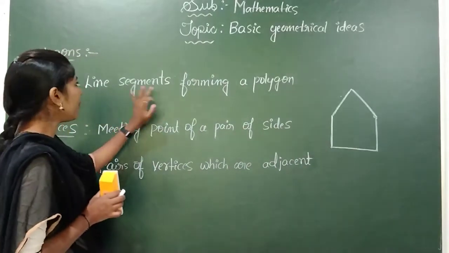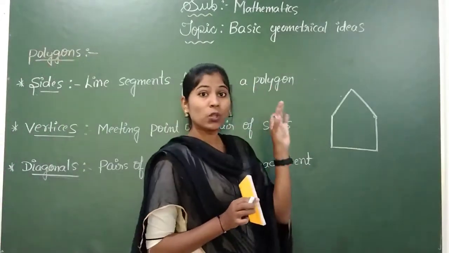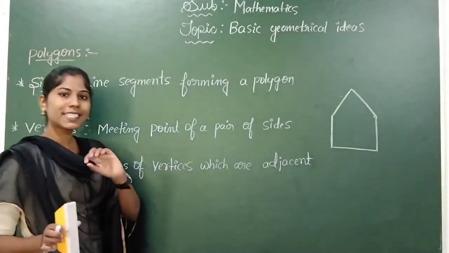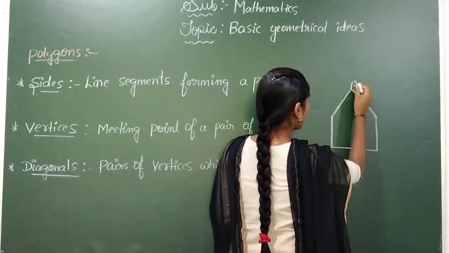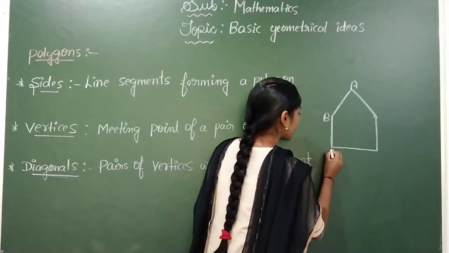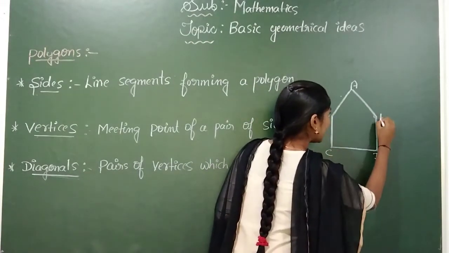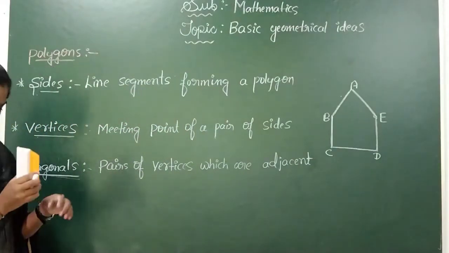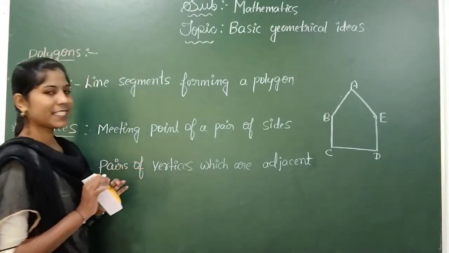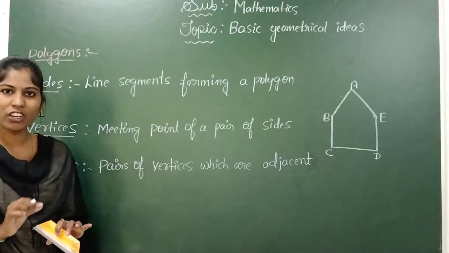The line segments forming a polygon, those line segments are called the sides of a polygon. I will give the name for this polygon: A, B, C, D, E. What is the name of the polygon? The name of the polygon is ABCDE.